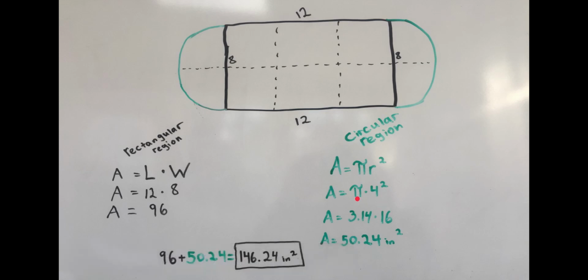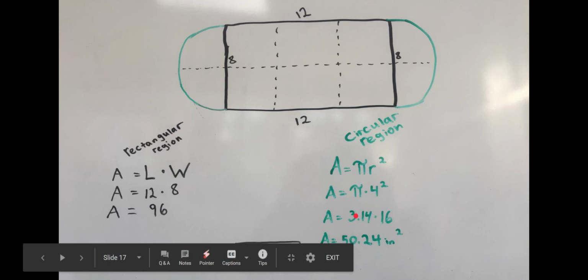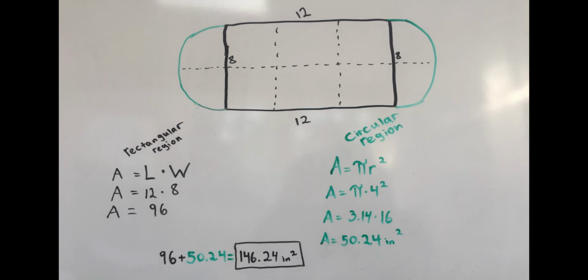Now we're going to bring our pi down as 3.14. 3.14 times 16 is 50.24 inches squared. Okay?